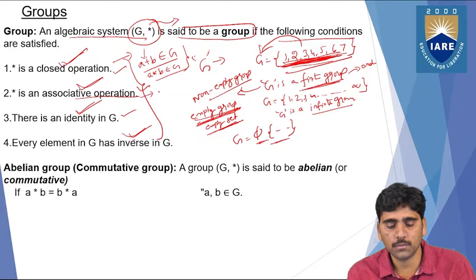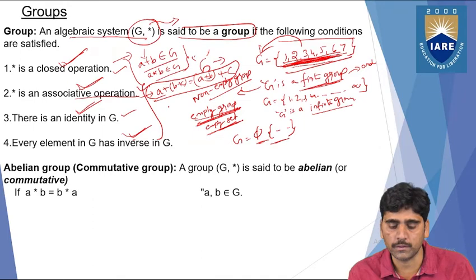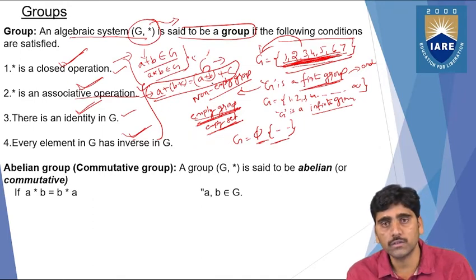For the associative operation, we know that A plus (B plus C) equals (A plus B) plus C. The value I get from the left side equals the value I get from the right side. Both should be equal, and those values are related to this group only. Then you can say that it is associative.